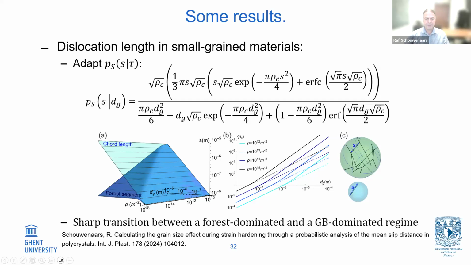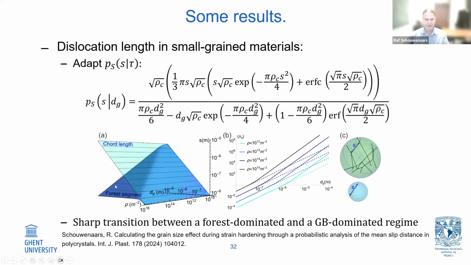And we see that at a certain point, for example, at a density of 10 to the 12th, there will only be a single dislocation within the grain.